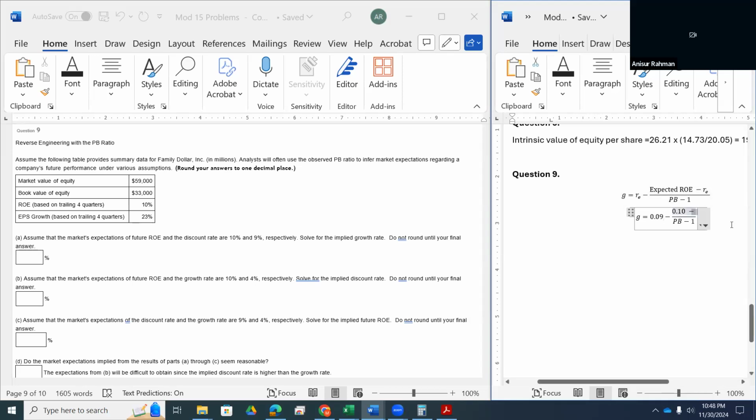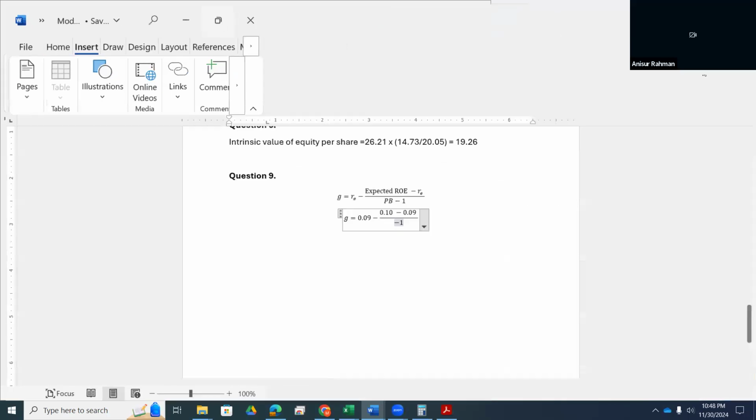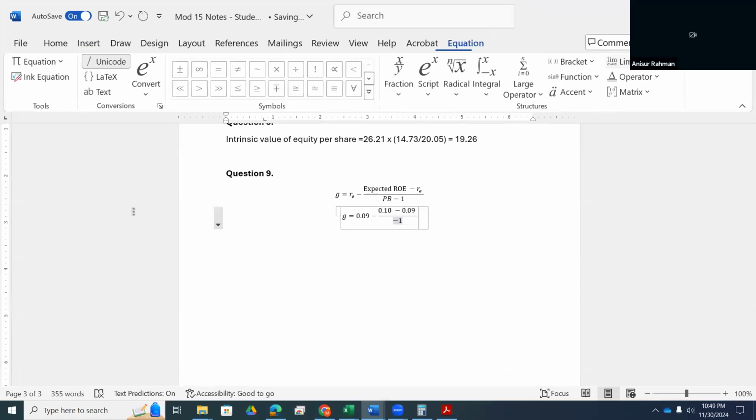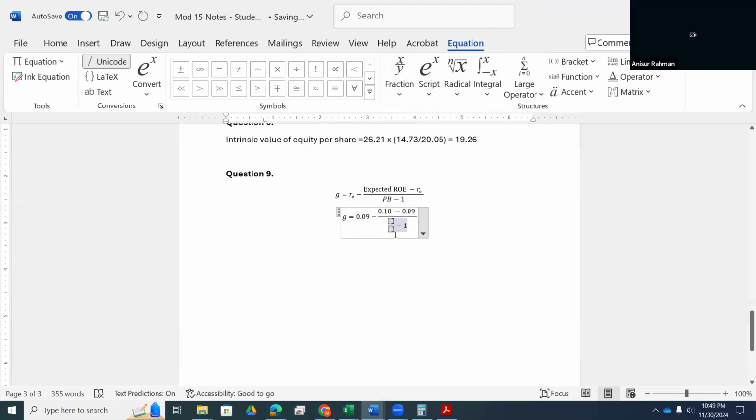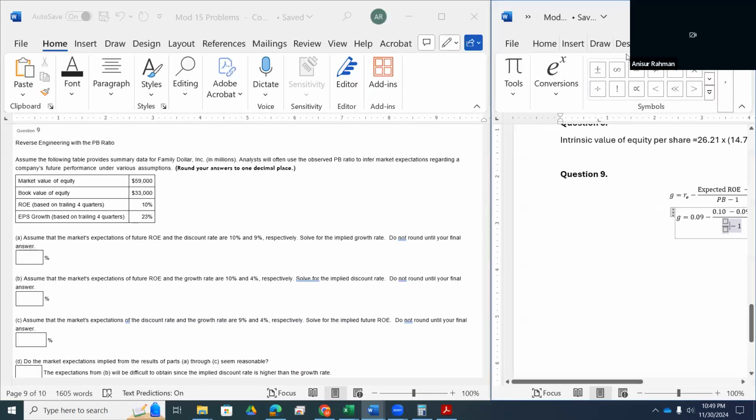Again, our RE discount rate is 9%, and our PB ratio is the market value of equity, which is 59, divided by the book value of equity, 33.